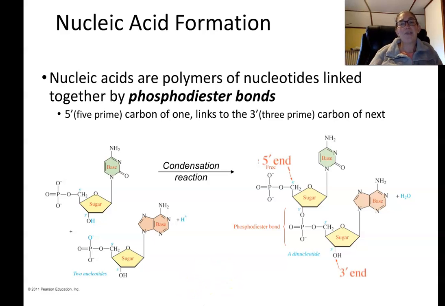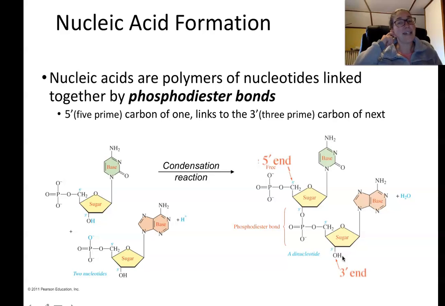We always read nucleic acid sequences from the 5' end to the 3' end. And the 5 and 3 just is talking about if you number the carbons in this ring, this carbon is number 5. If you number the carbons in this ring, this carbon is number 3. So the 5' end always has a phosphate sticking off of it, and the 3' end always has this alcohol group sticking off of it.